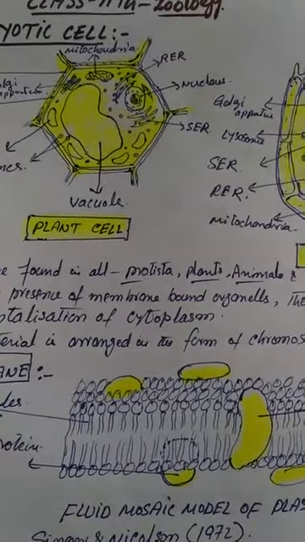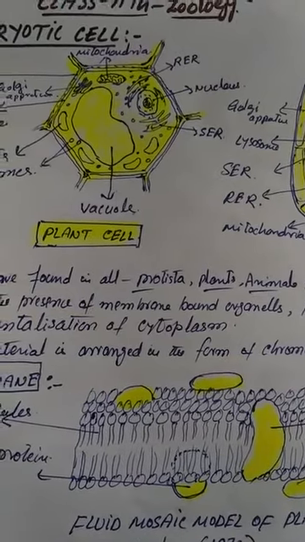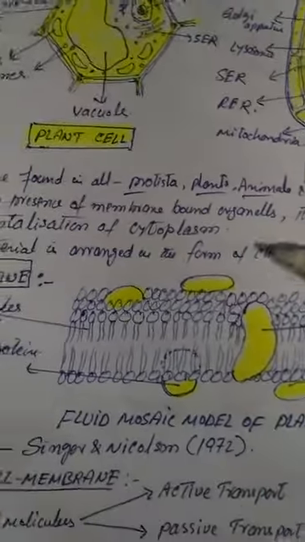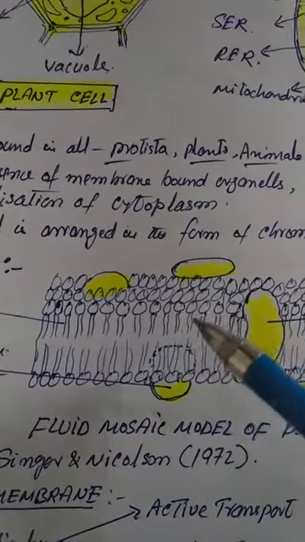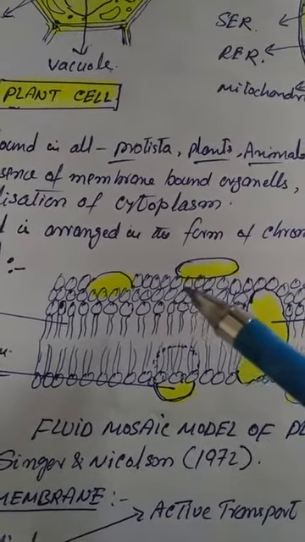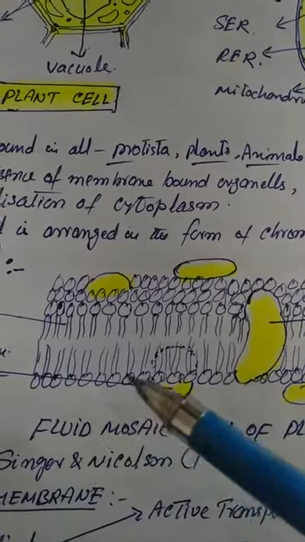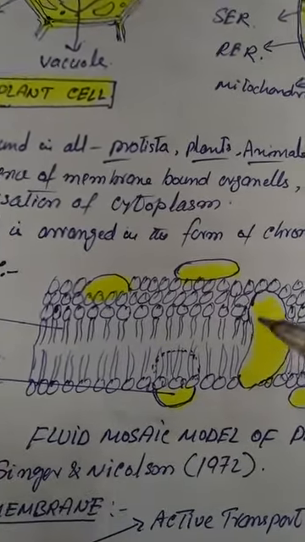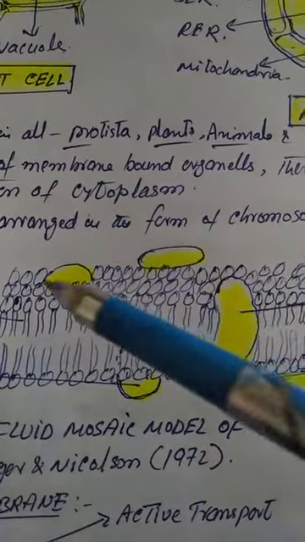Now you can see in both these cells the cell membrane is composed of a lipid bilayer. Here this is one layer of lipids, and the second layer of lipids, making the lipid bilayer, and it also contains certain proteins.